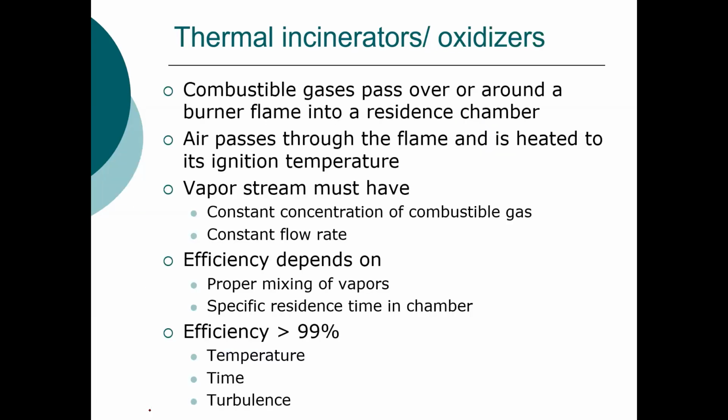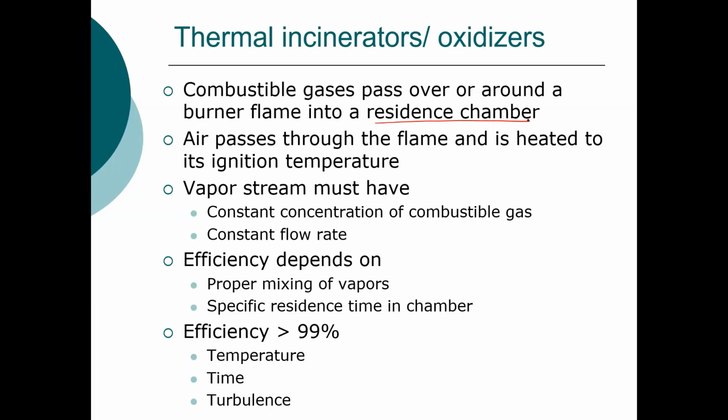Now, thermal incinerators or thermal oxidizers are essentially the same thing, except there is a residence chamber. So we still have a combustion chamber, but following that, we have a residence chamber.